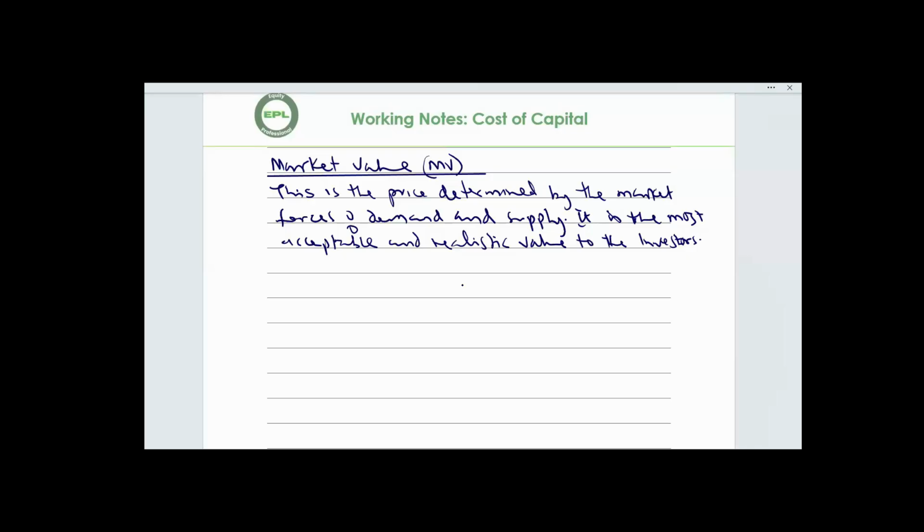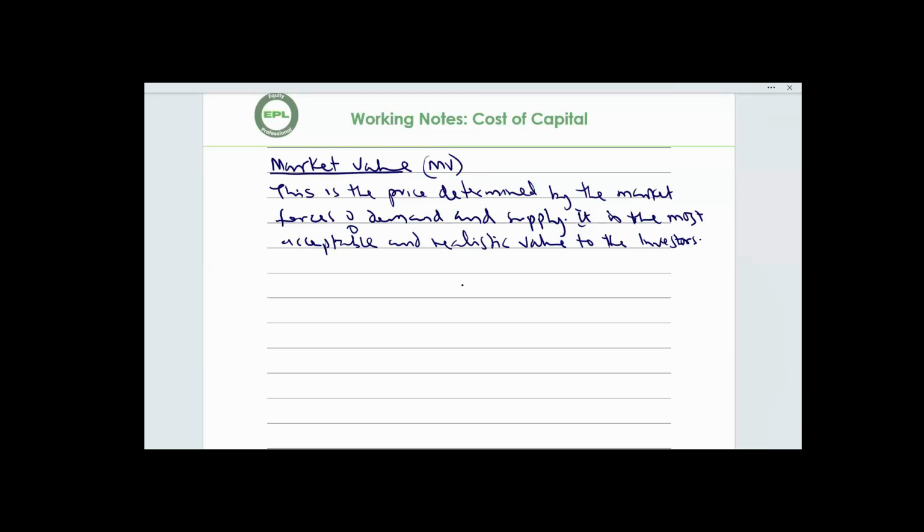Book value is historical, so it doesn't incorporate the current information or the market condition. Therefore, investors don't rely on the book value. Usually, market value is used. All right. So that is for that.